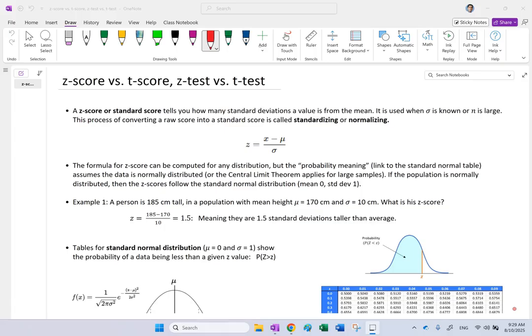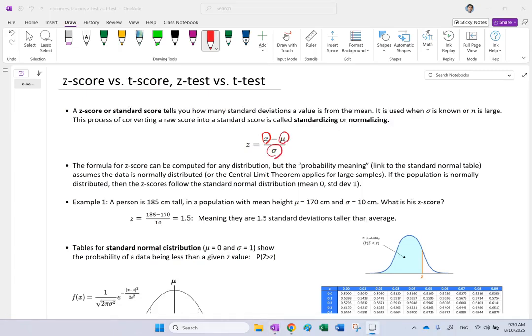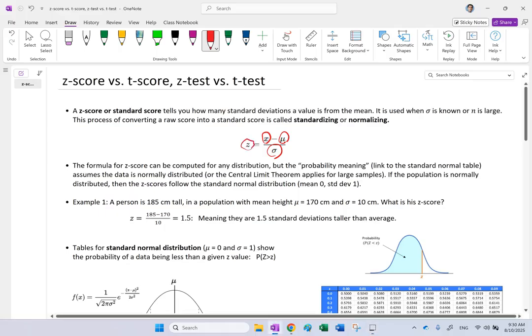So what is z-score? Z-score, or we also call it the standard score, shows how many standard deviations any data is away from the average. So if the data is x and the average is mu and the standard deviation is sigma, then x minus mu over sigma is your z-score, right?